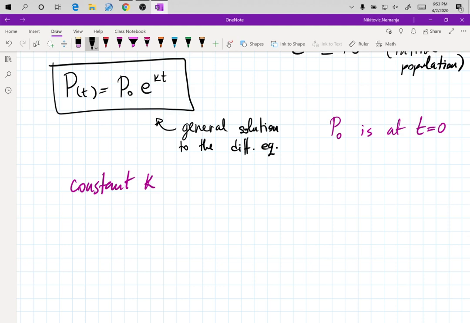See, k needs to be either computed or observed and reasoned, but you have to have k. So I'm going to start with an initial population of 10 people. And look, I said people. I'm not saying pairs. I just said people.